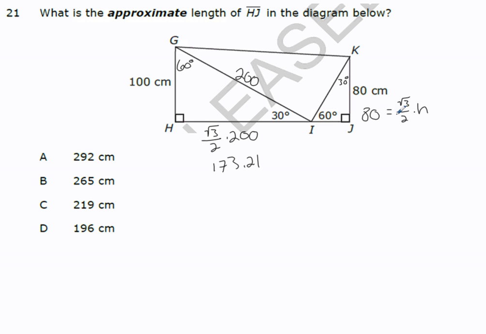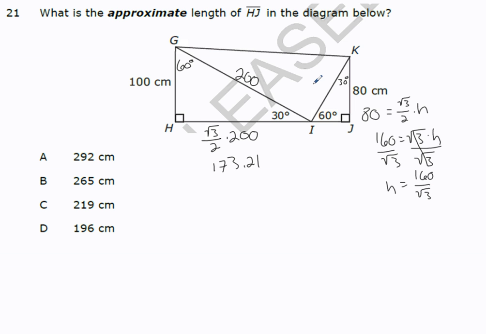Now I've got to solve for h. So I multiply 80 by 2, and I get 160. Okay, then I'm going to divide both sides by the square root of 3. Alright, and so h is equal to 160 divided by the square root of 3.